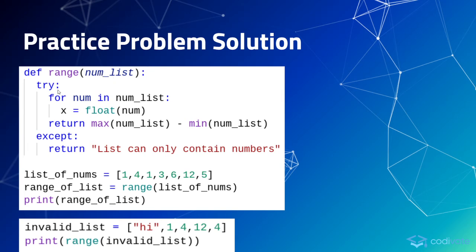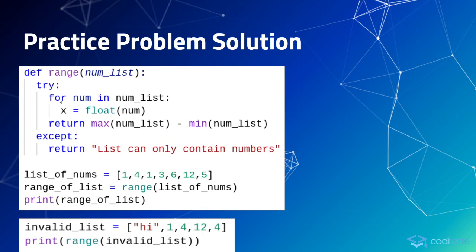Our first step is to make sure that we can actually cast every single item inside the list as a number, because that's what our challenge exercise did. So we try, and inside our try block, we try something that might cause an error. We loop through each num in num_list and try to cast it to a float.